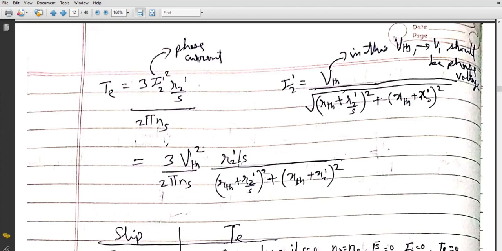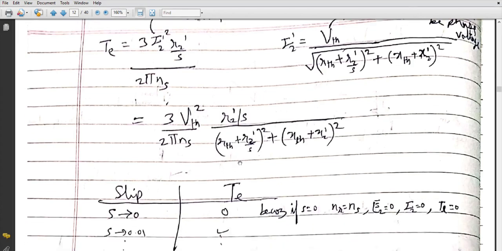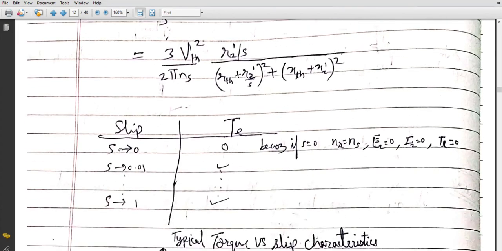So now we need to develop a characteristic. We need to plot a characteristic between the torque and the slip. We can substitute different values of slip and find the values of torque. Suppose the value of slip is 0, then the electromagnetic torque obtained will also be 0.